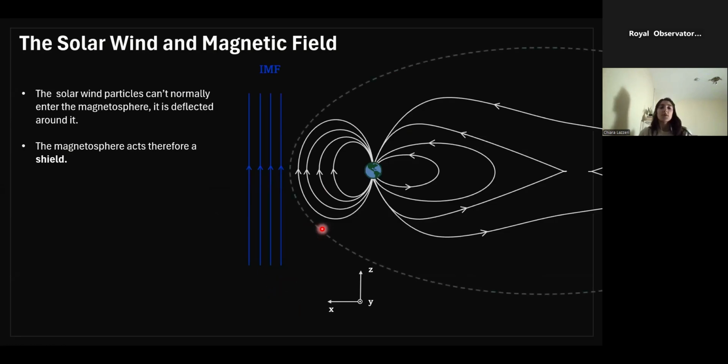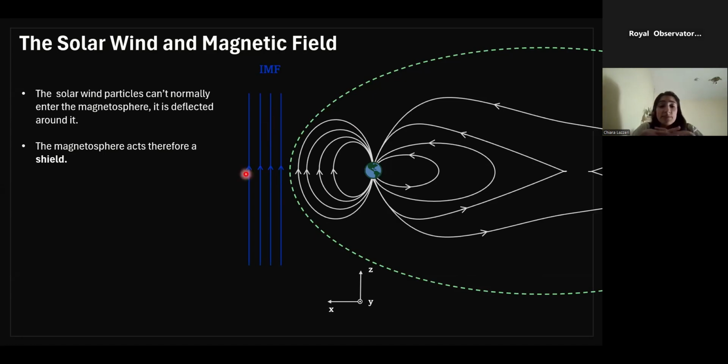Okay, so we want to know what happens when the solar wind carries this interplanetary magnetic field all the way to Earth's magnetosphere. And the answer to this question actually depends on the orientation of the interplanetary magnetic field.